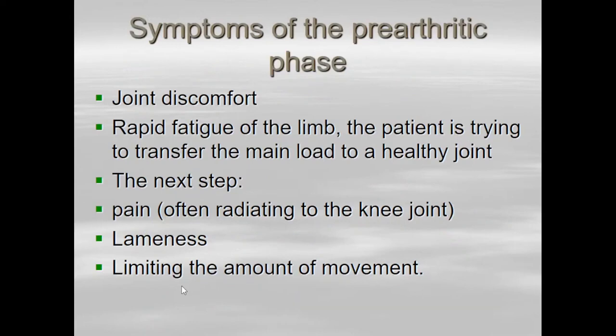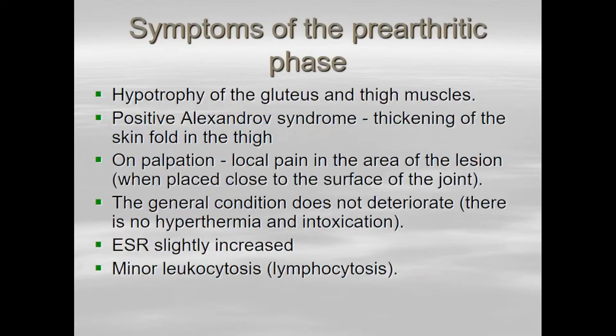Symptoms of the pre-arthritic phase. Joint discomfort. Rapid fatigue of the limb. The patient tries to transfer the main load to the healthy joint. The next step: pain, often radiating to the knee joint, limiting the range of movement. Hypertrophy of the gluteal and thigh muscles.